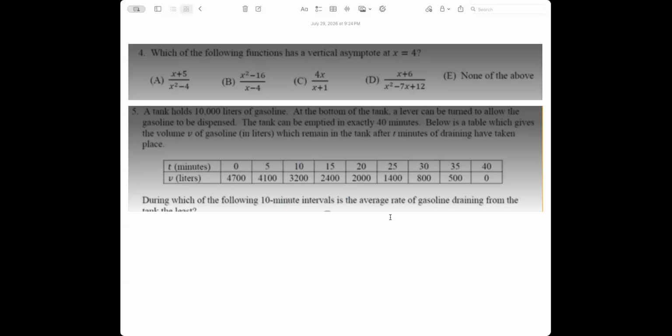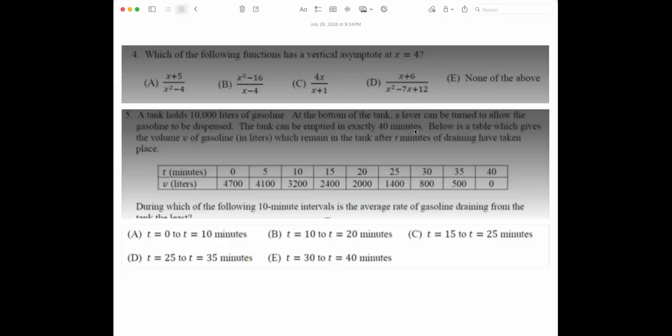What did I do? That's 9. 6 plus 4. B. Oh, sorry, that's wrong.